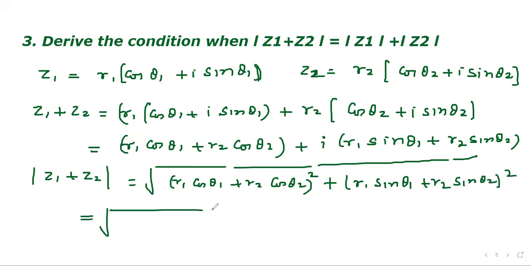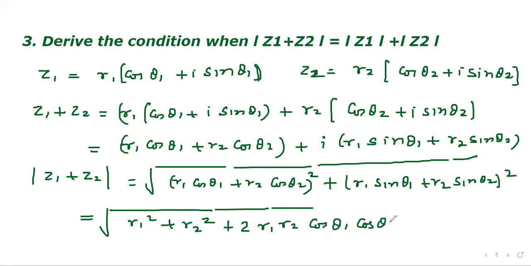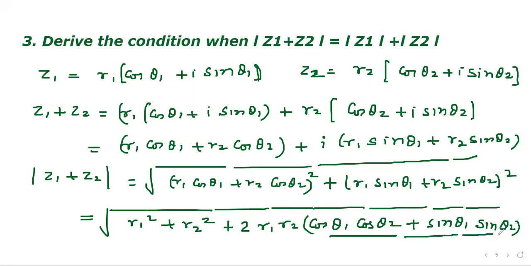That comes out to be R1 square plus R2 square plus twice of R1 R2 times cos theta 1 cos theta 2 plus sin theta 1 sin theta 2. This term equal to cos theta 1 minus theta 2.